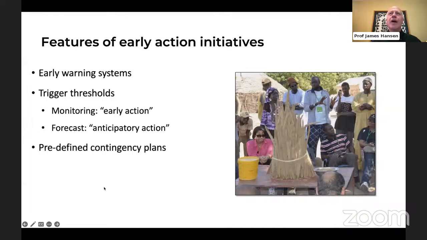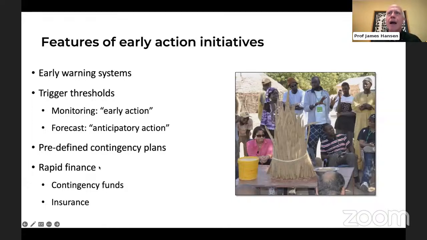These initiatives also have predefined contingency plans. So once the early warning indicator has been triggered and the money becomes available, the actions and the interventions have been predefined. So there's not a lot of time wasted debating about what you should do.